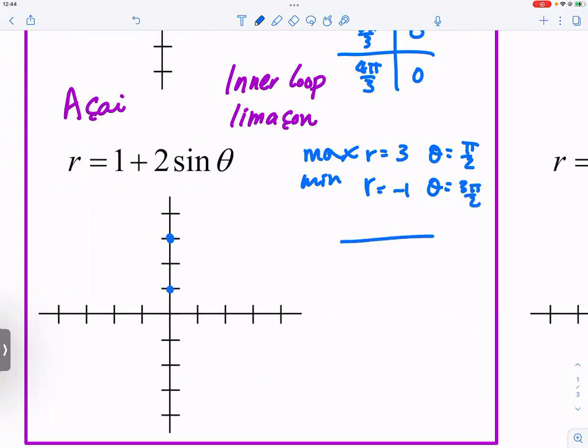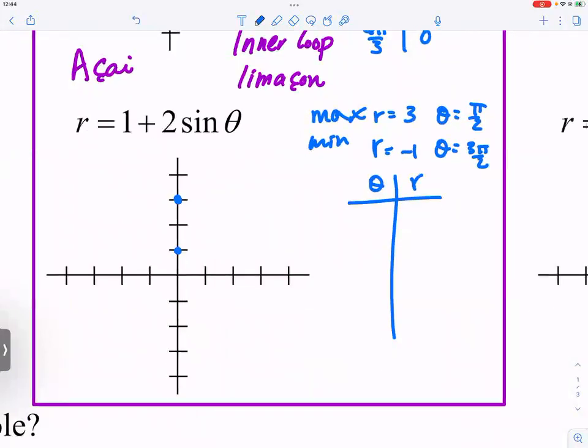And then we do the same thing like what we did earlier above. Other values of interest would be, what is sine 0? Well, sine 0 is just 0. So we have here. And what about pi? Well, same thing. Anything else?